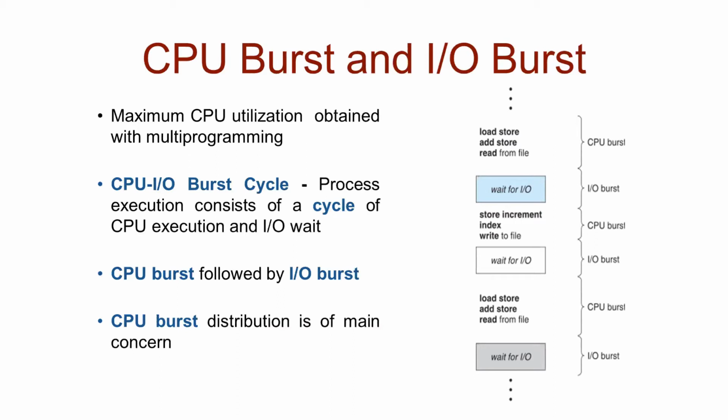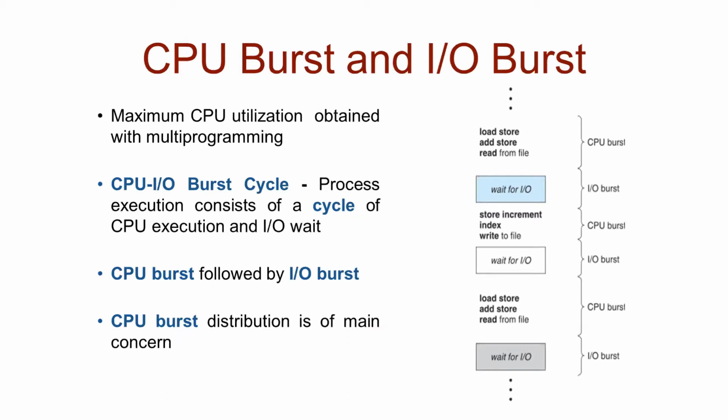It is important to note that process execution always begins with a CPU burst. So it will first be allocated to the CPU, then it will be executed by the CPU for some time, and then it may be followed by an IO burst. It means the process may need to go for some input output, as you can see in the diagram.